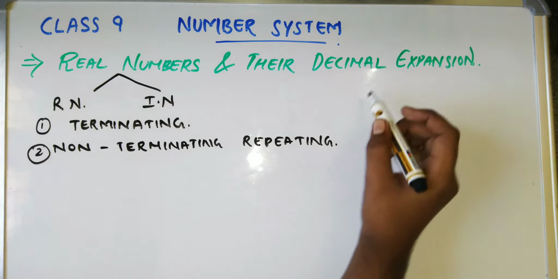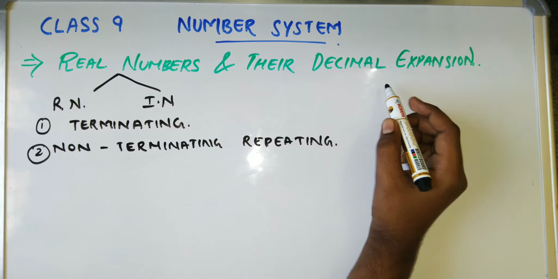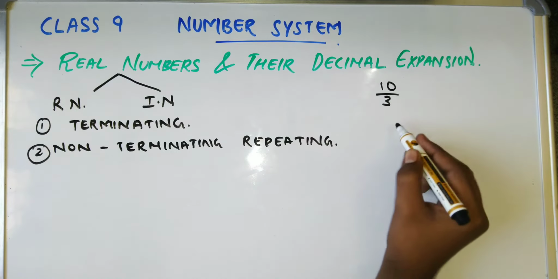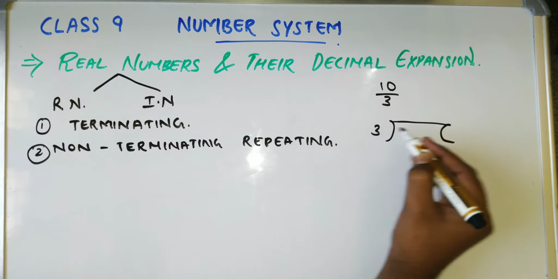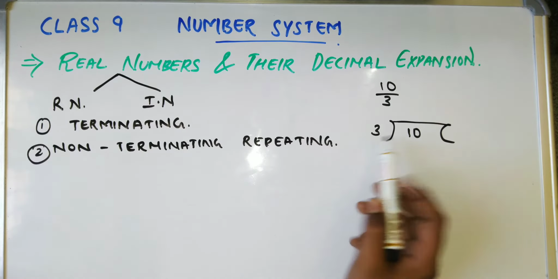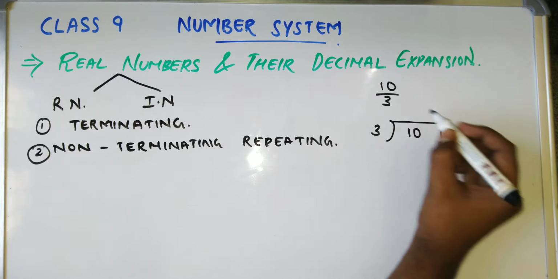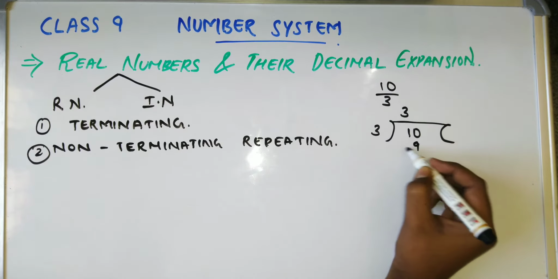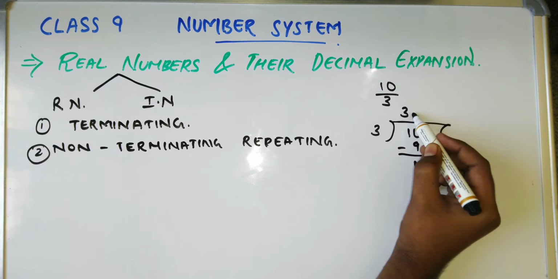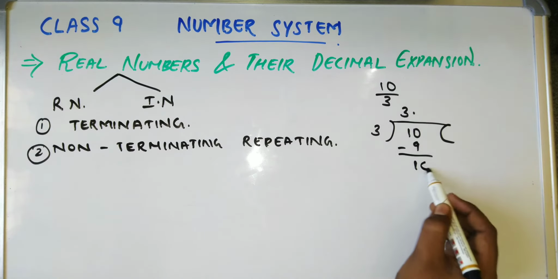Let us take one example. Suppose I divide 10 by 3. 3 outside, 10 inside. I'll write 3, 3 threes are 9, then again divide, 1 is the remainder, put a point over here, it becomes 10.